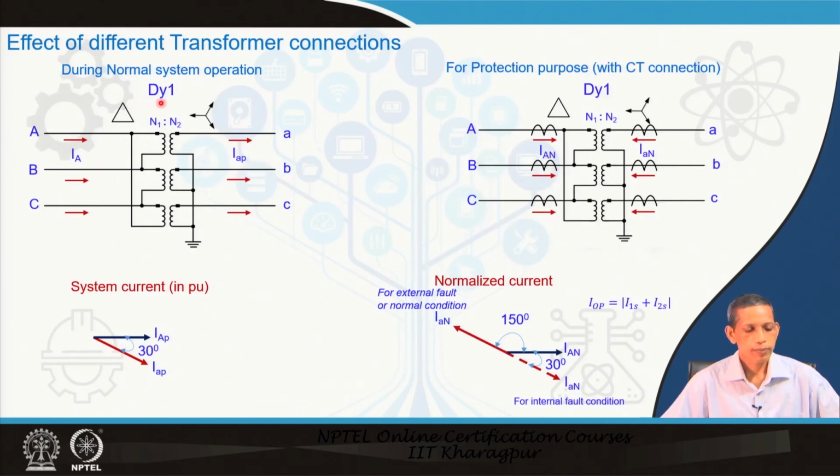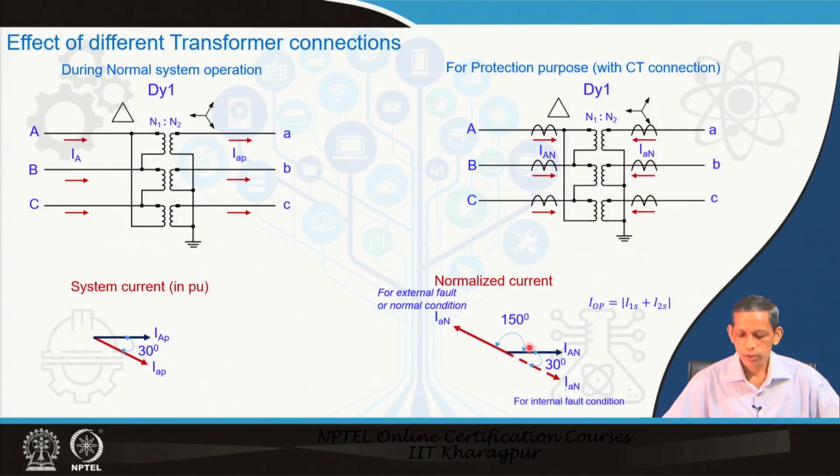Now, go to the DY1, where the high voltage side is delta and the low voltage side is star. The high voltage side leads the low voltage side by 30 degree. This is what the connection says. So, the system side current is similar to what we have discussed earlier. Now, with CT connected, in the CT secondary side the normalized current leads by 30 degree, and because of the CT connections this will be reversed.